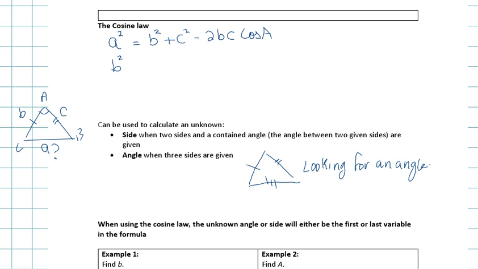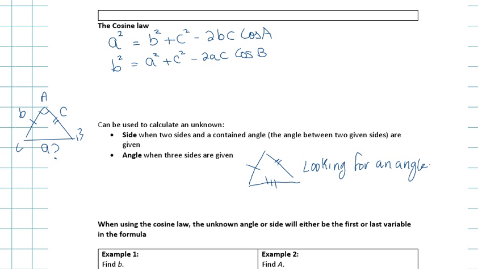If I'm looking for side B, I know A and C and angle B because that's between them. So what would the formula be? A squared plus C squared minus 2AC cosine B. Okay? That is if I'm looking for side B.